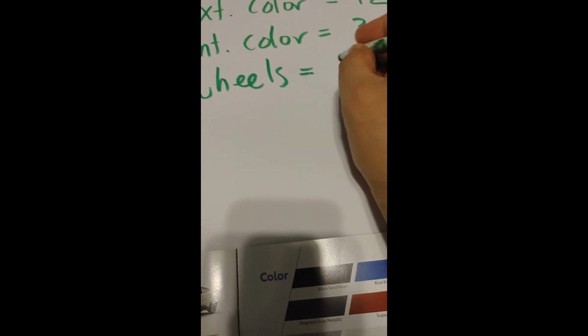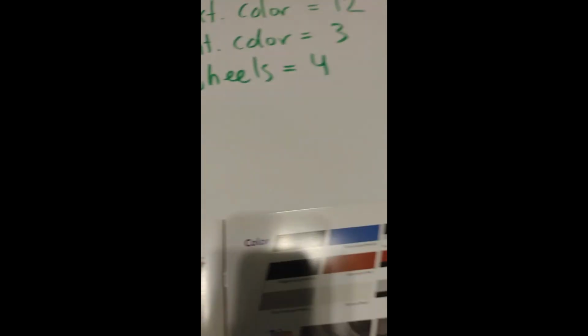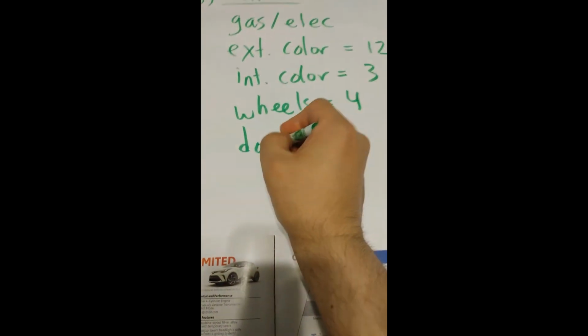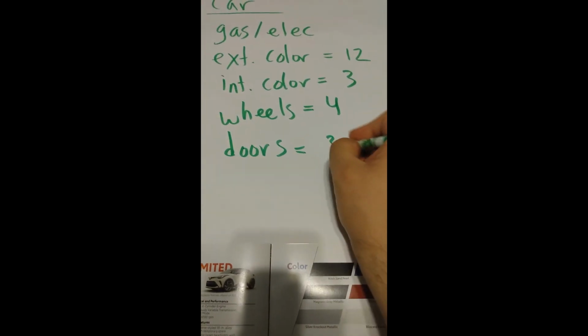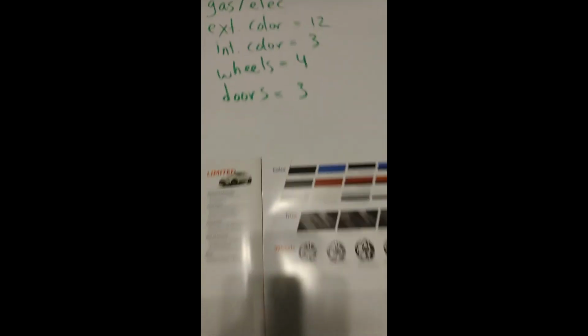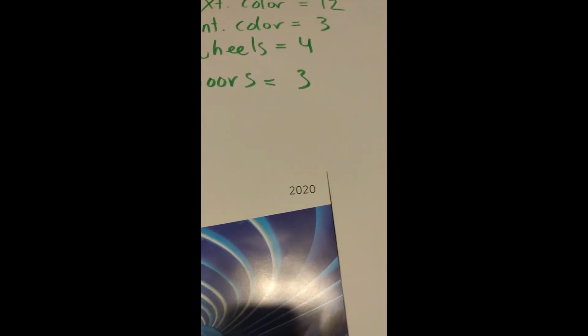Wheels, we're gonna say, well, there was 4. I don't see anything about the doors. The original problem in the book said something about doors. Let's say that they give us 3 different options. So let's use the counting principle and figure out how many different possibilities there are from buying this Nissan car, the CHR 2020 edition.